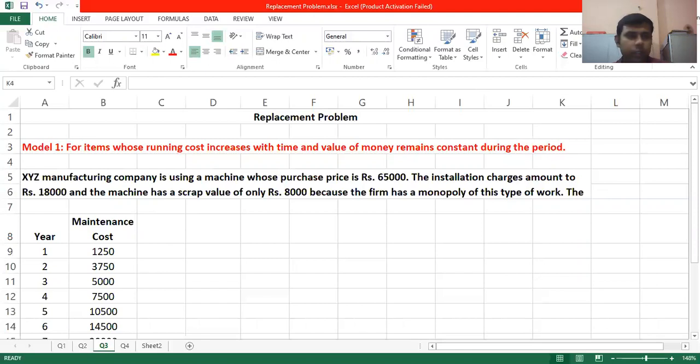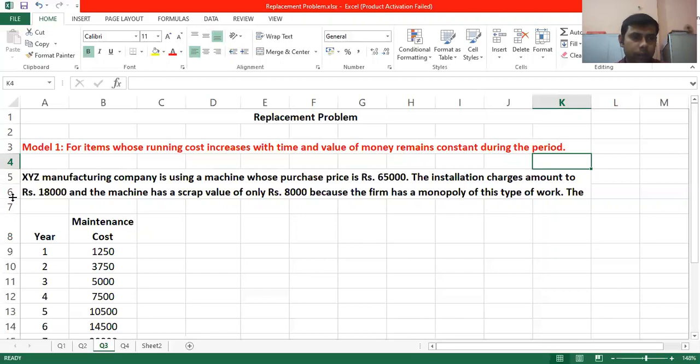We'll start with a practical problem which talks about XYZ manufacturing company using a machine whose purchase price is 65,000. The installation charges amount to rupees 18,000 and the machine has a scrap value of only 8,000 because the firm has a monopoly of this type of work, right?